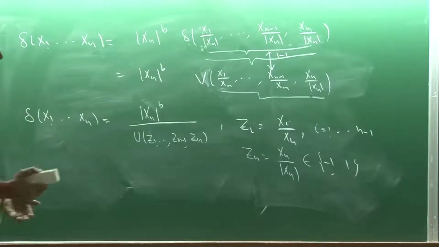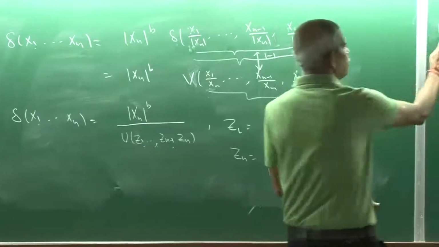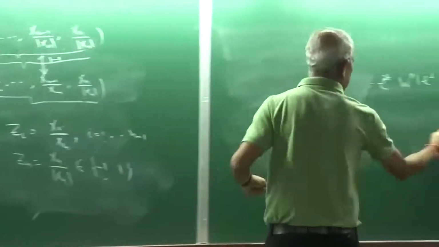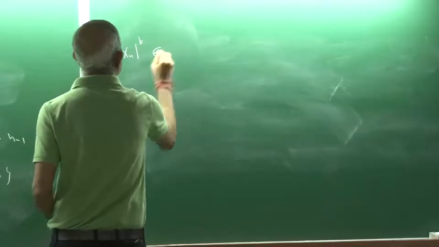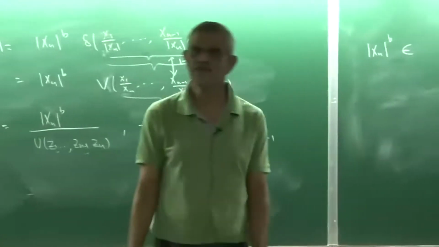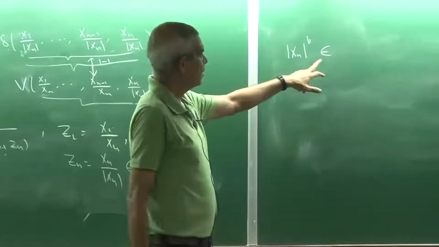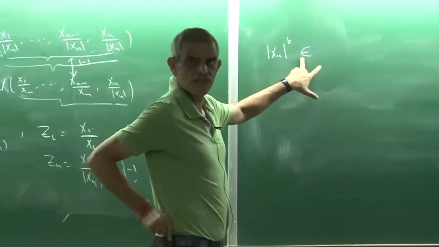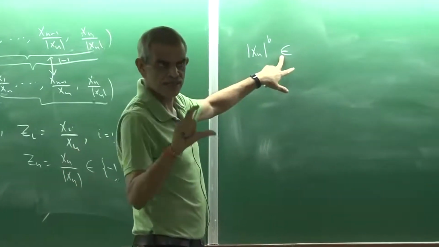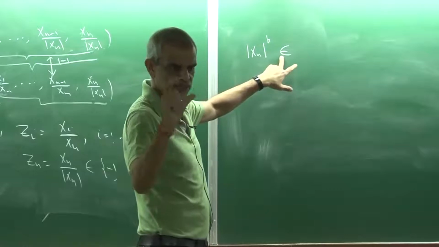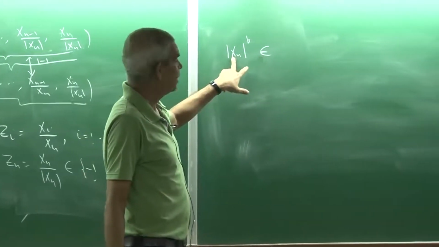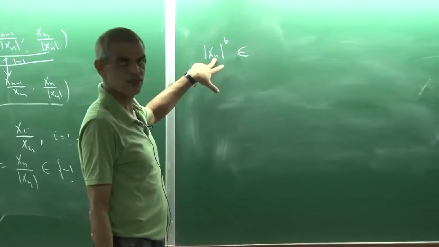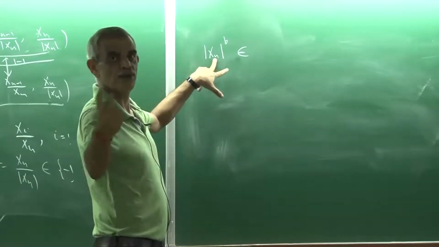Now note that if I consider just the estimator mod of xn to power b, does this belong to the class of invariant estimators or not? To see that, I transform the original data into cx1, cx2, cxn, and then this gets converted into mod of c xn to power b.